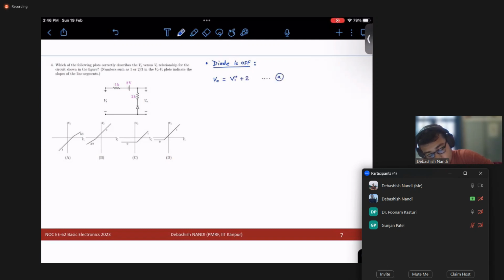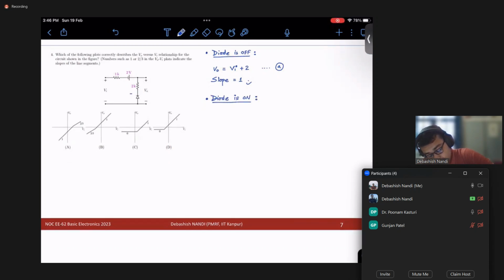So I think the slope is exactly the same as in the previous case. The slope is 1. Fine. Then when will the diode be on? Let us go step by step. First let's put the condition on diode voltage.